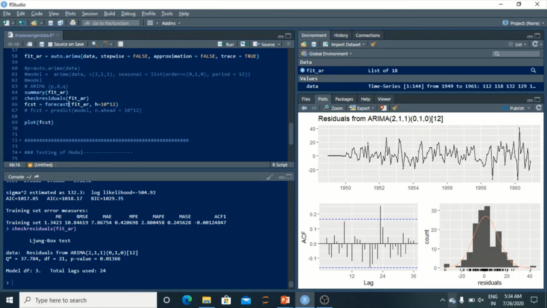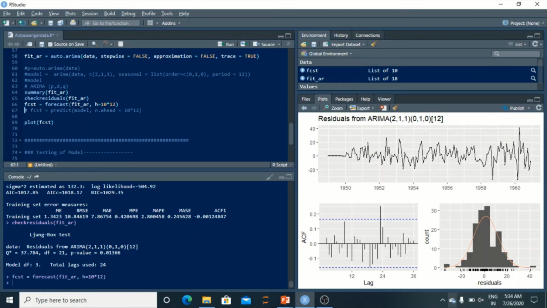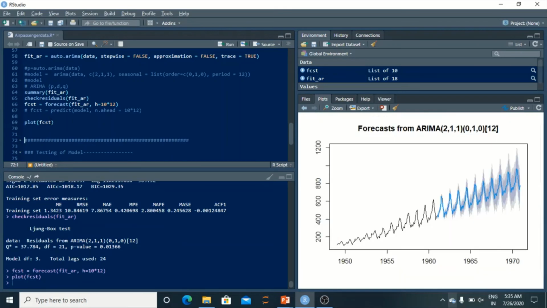Based on this well fitted model, we are going to forecast the future 10 years. We just use the forecast command to forecast the future values, and let's see whether our forecasted values follow the pattern of the previous data set, or whether it correctly identified the pattern, by plotting the forecasted values.